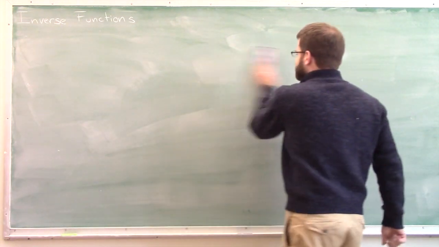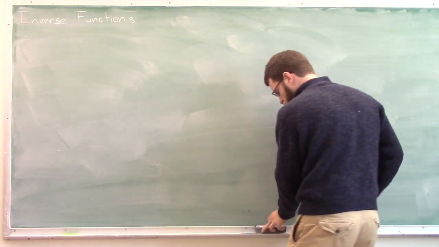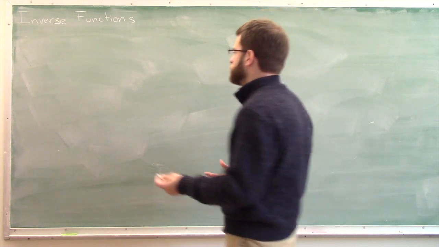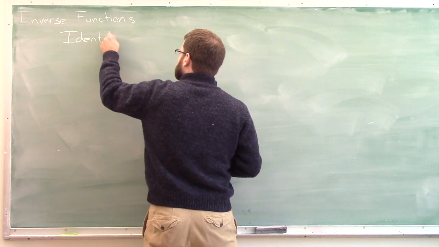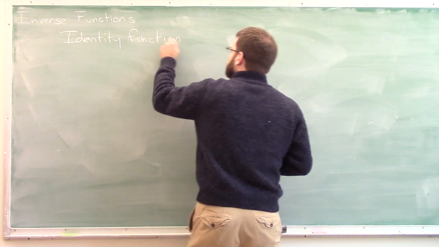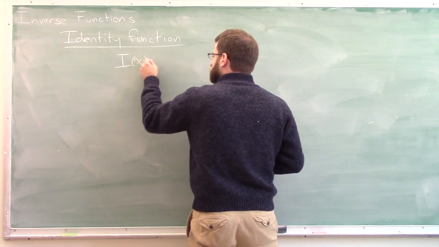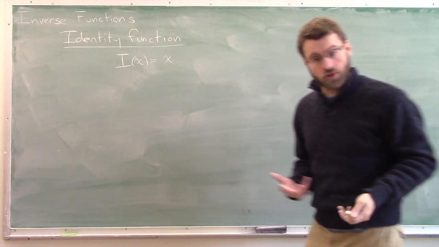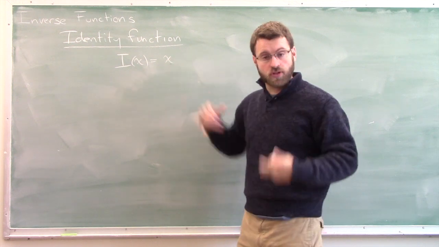So if we're trying to define a function which leaves things alone, we know that functions take in inputs and return outputs. If we're trying to define the identity function, a reasonable choice might be simply to say the identity function is equal to the input.